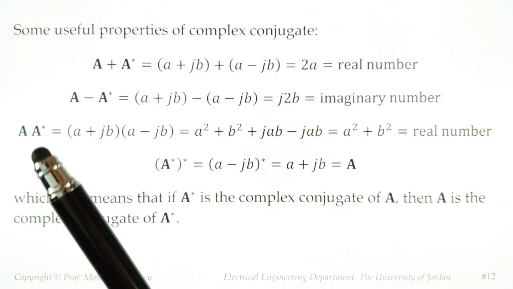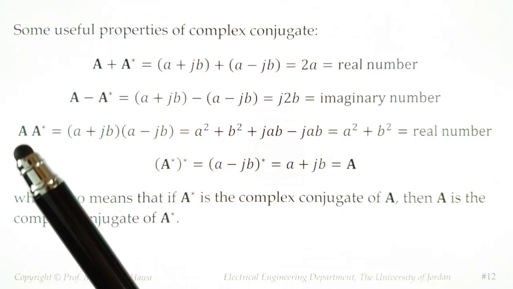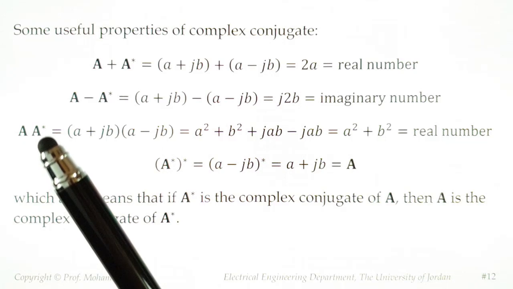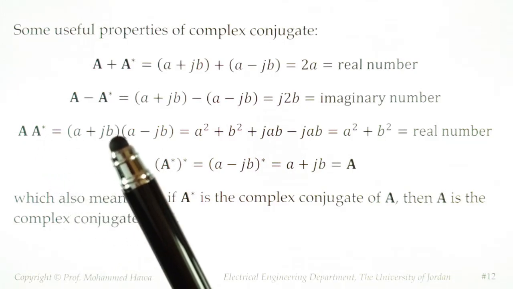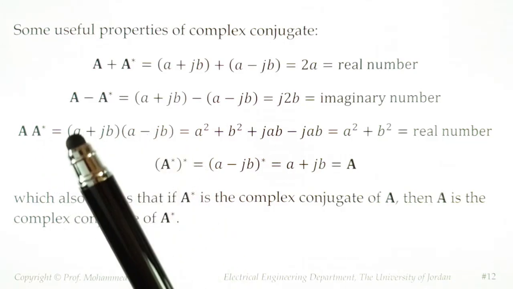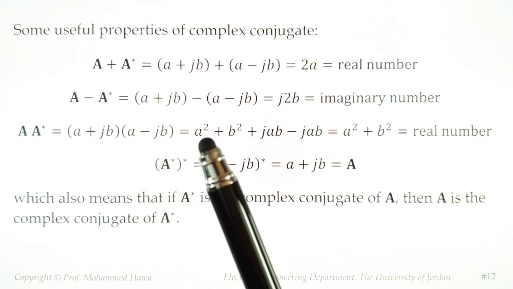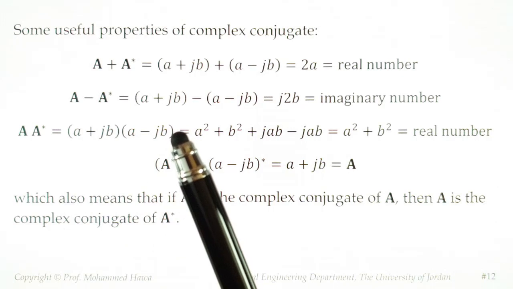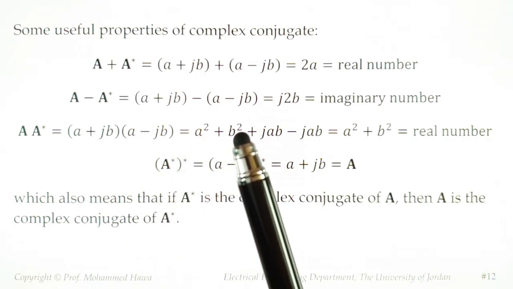Now try this one out. Let's multiply a complex number A by its complex conjugate. This will be very useful in a minute. What you're going to get is a plus jb multiplied by a minus jb. a multiplied by a, you're going to get a squared. jb multiplied by minus jb, you're going to get minus j squared b squared, which is simply plus b squared.